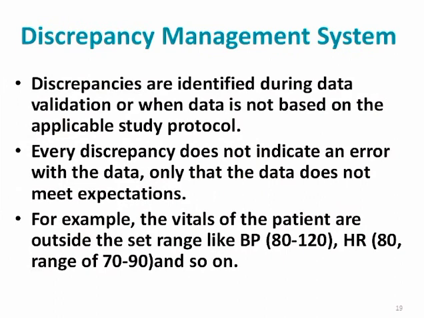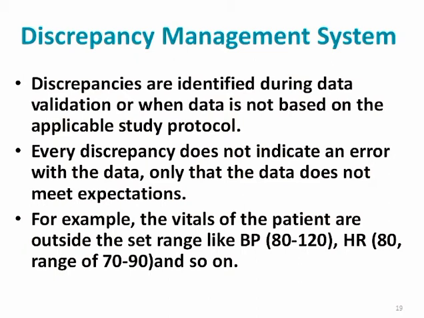Discrepancy management system. Discrepancies are identified during data validation or when data is not based on the applicable study protocol. Every discrepancy does not indicate an error in the data, only that the data does not meet expectations.